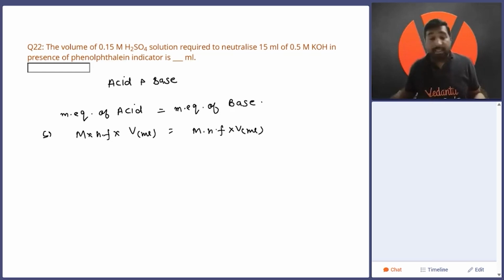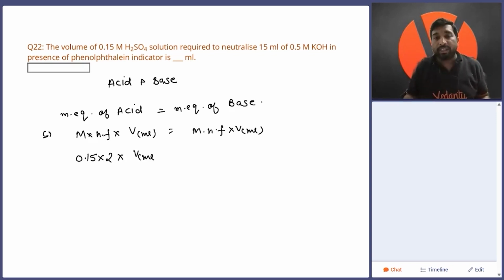So what is the molarity? The value of molarity is 0.15. The n factor for H2SO4 is not 1, that is 2. The volume we need to find is equal to molarity, that is 0.5, and the n factor for KOH, that is 1, volume 15 ml.